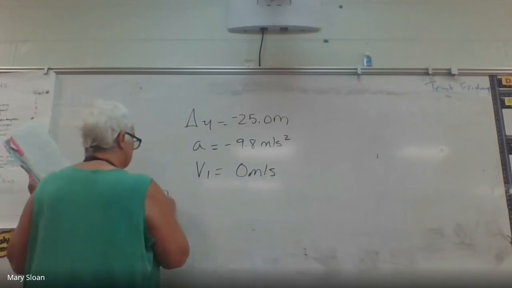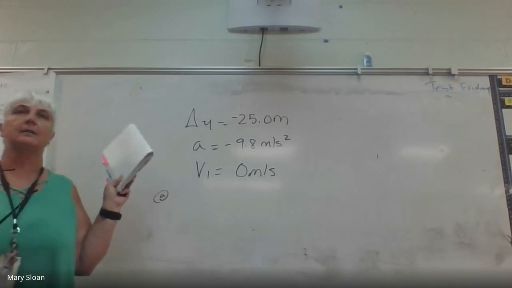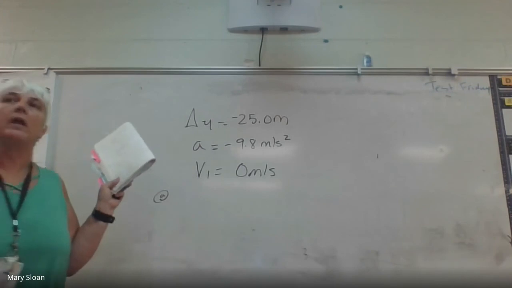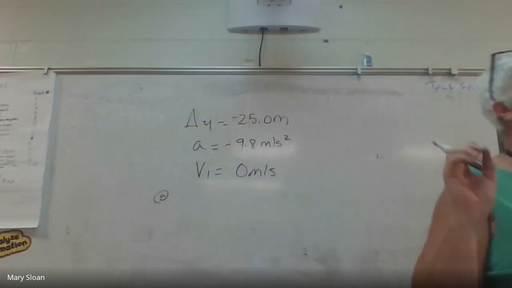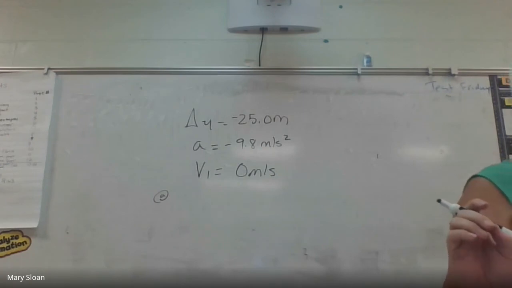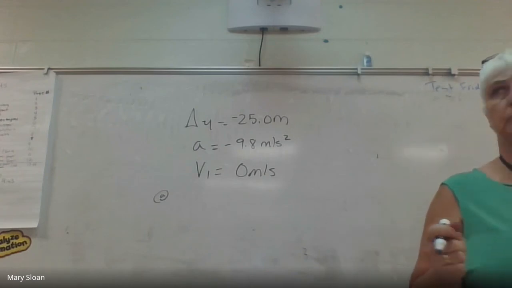So, now that we have that, what's the next thing we need to find? If you cannot do the math to find acceleration, it will be gravity. Negative 9.8 meters per second squared is what you have for gravity here on Earth. So is this the one that you actually have to square?